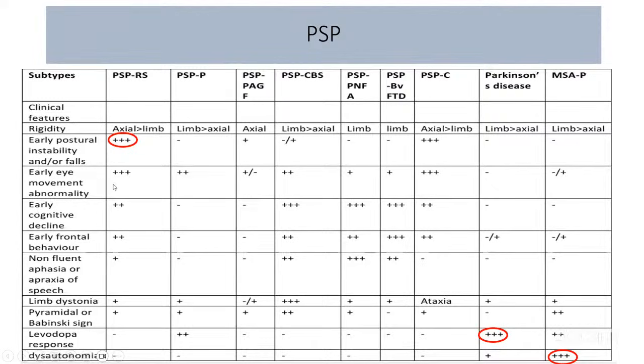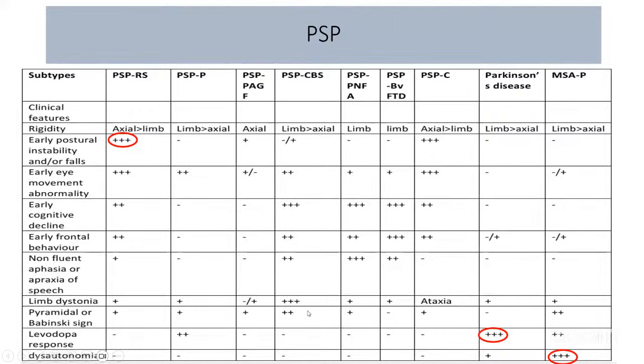Cognitive decline is most commonly seen in the PSP-CBS variant and the PSP behavioral variant. Early frontal behavior is also seen in the PSP behavioral variant, frontotemporal dementia. Non-fluent aphasia or apraxia of speech is seen in the PSP non-fluent aphasia variant.